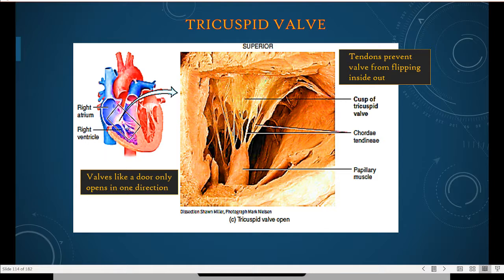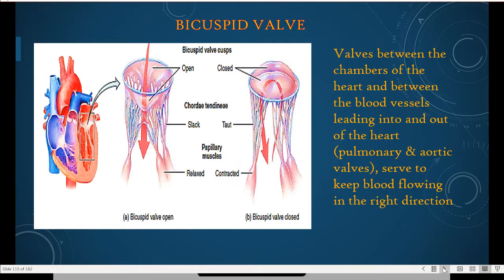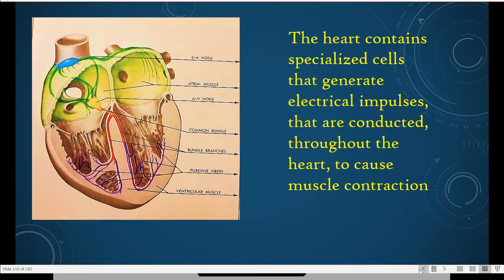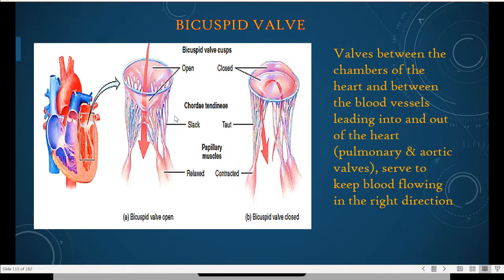So if you have blood backing up into the body and you were told that a valve was involved, possibly, then it would definitely be your tricuspid valve. And the same for, if we look at it here in a second, maybe, the bicuspid valve. Bicuspid valve, it's a picture of one. It's located in between your left atrium and left ventricle. If blood's backing up into the lungs, we just got to trace it back.